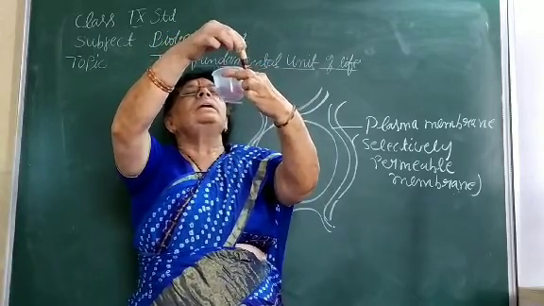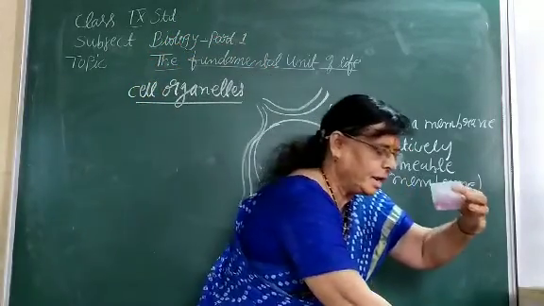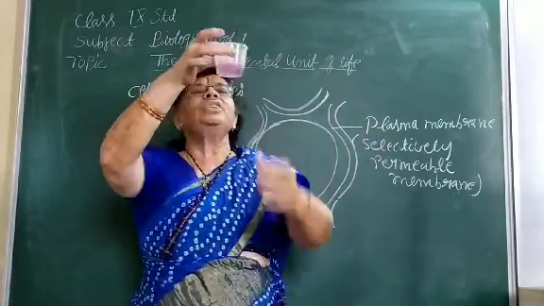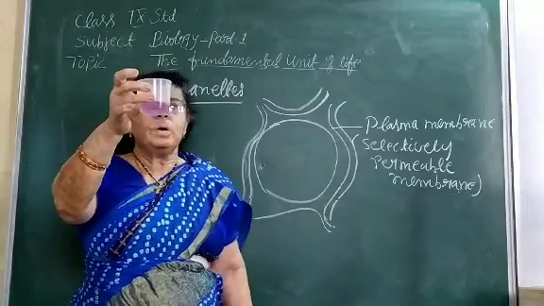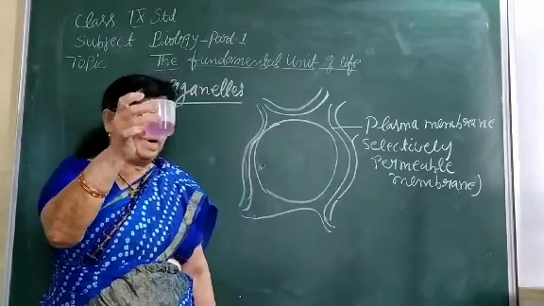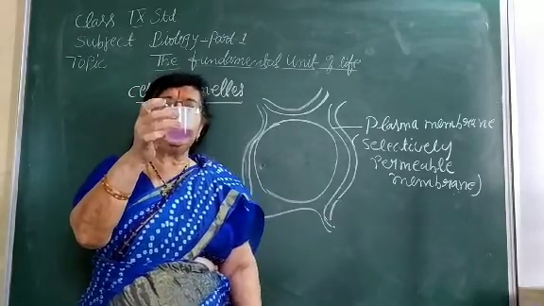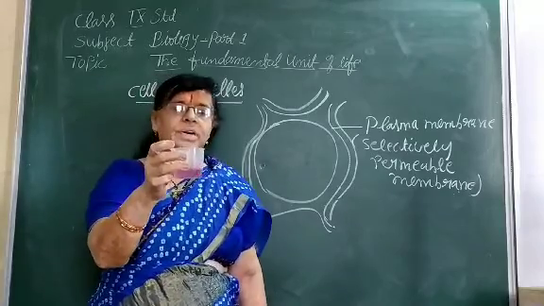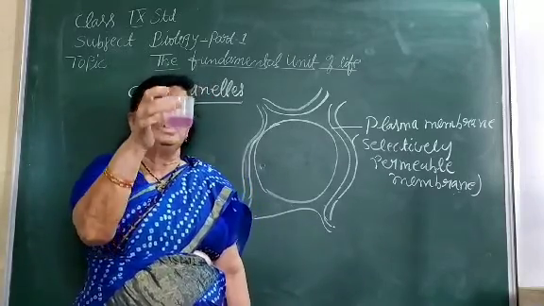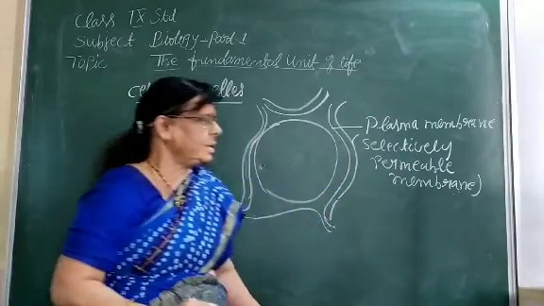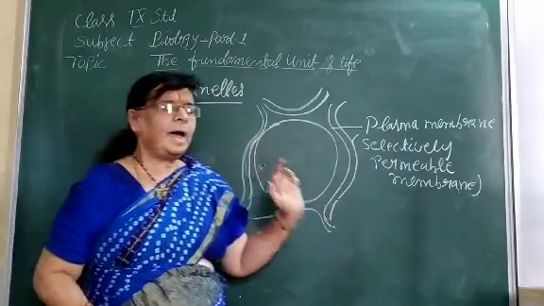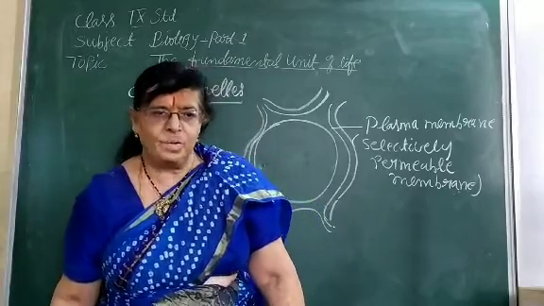So the color dye is spreading gradually to the entire liquid. So here there is the movement of molecules from a region of higher concentration to a region of lower concentration. So diffusion plays an important role in the activity of the cell.